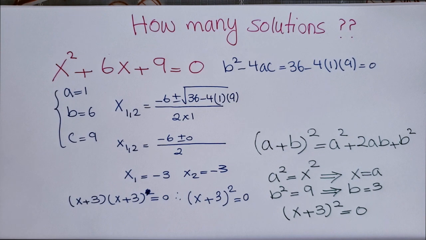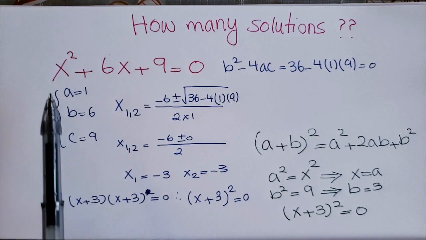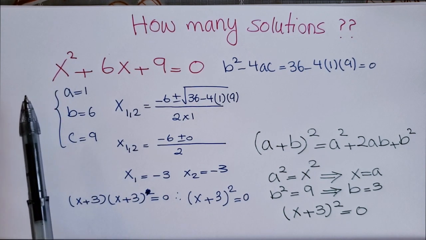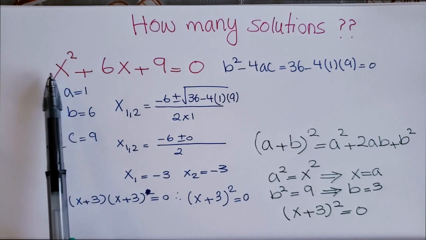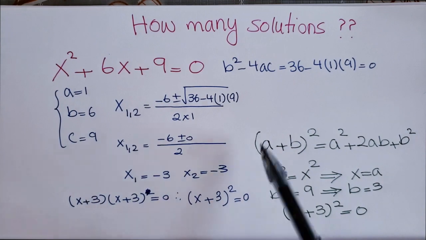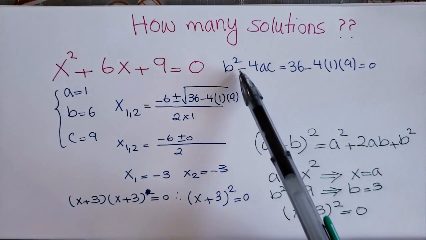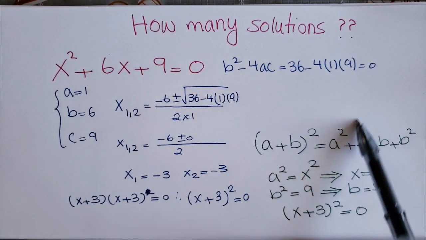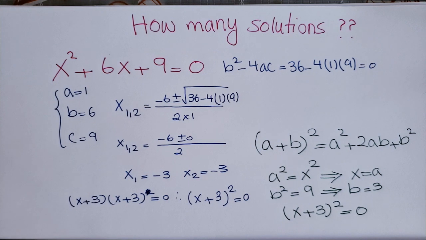Let's talk a little bit more about this quadratic equation. If it was a quadratic function and we were supposed to graph it, the a value here is positive, so we would expect something upward, something that opens up.